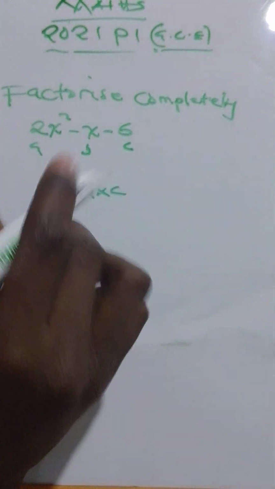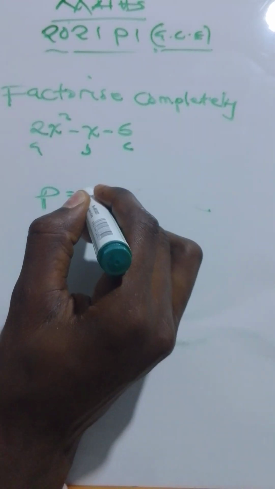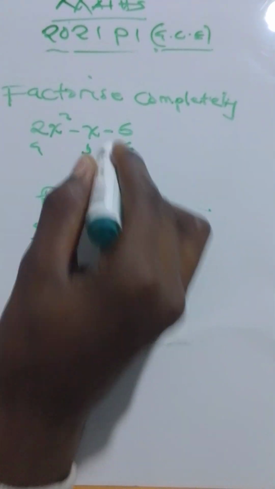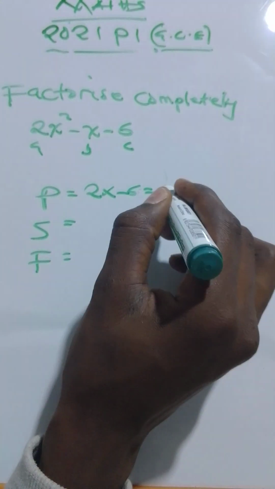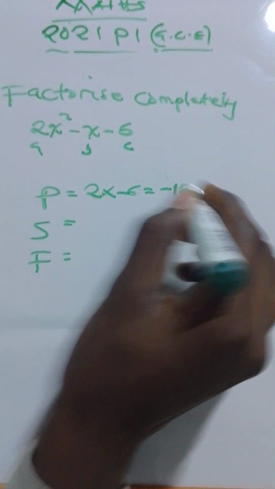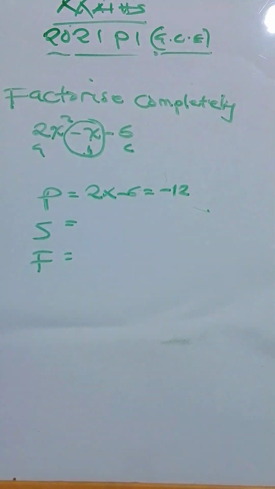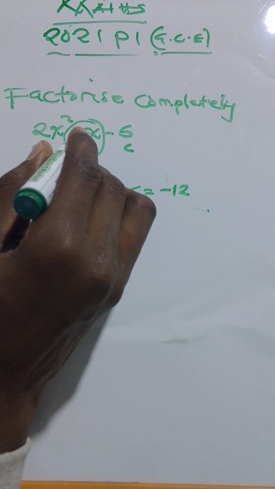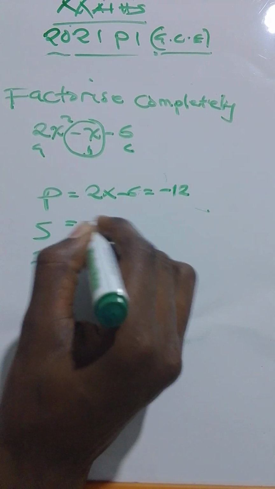Therefore, A times C, we are saying now 2, which is the coefficient, times negative 6, we are getting negative 12. Then sum, this is the part of the sum. So there is no number, but you know that any letter without a number has a coefficient of 1. So we have negative 1.